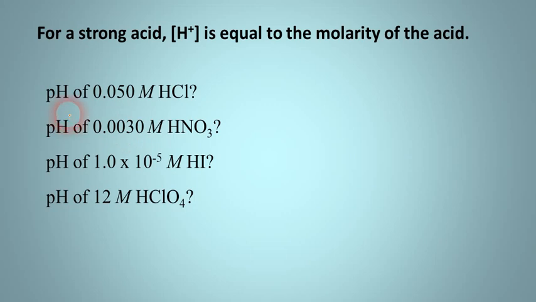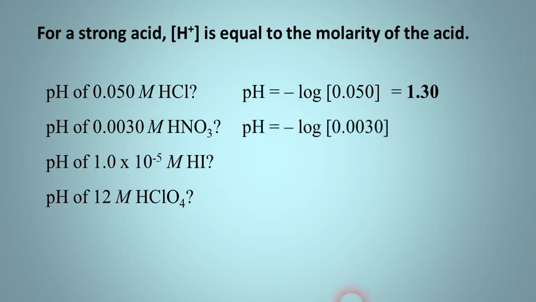So if you want to find the pH of 0.05 moles per liter hydrochloric acid, all you've got to do is take negative log of 0.05. And so the pH of that acid is about 1.30. If you have a solution of 0.003 molar nitric acid, just take the negative log of 0.003, and that's 2.52.